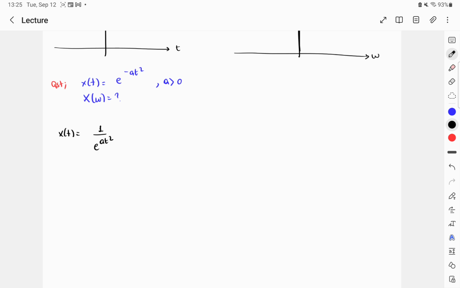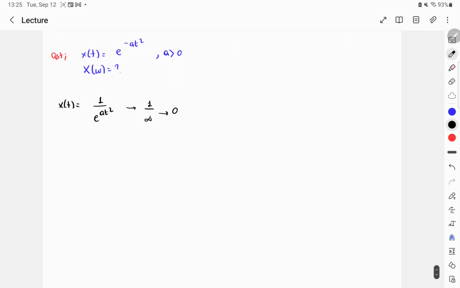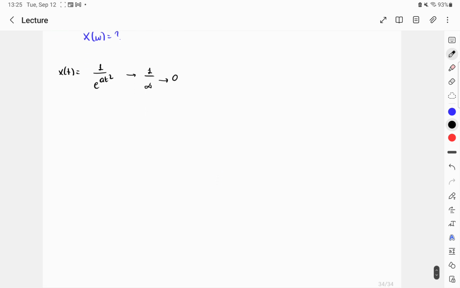Okay. So what do we do here? We can just see that when we increase t, it's similar to 1 over infinity, which goes to 0. So we can say that yes, it is convergent. So we can be pretty sure that we can use our formula. So let me write.